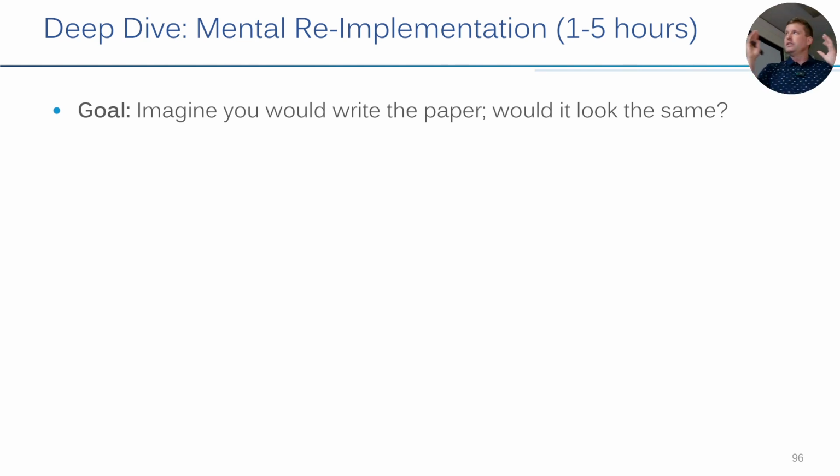You need to understand the other paper on a level that you could almost re-implement it, at least mentally. That you really understand everything they did, checked every proof, and can trace it back and say, this is correct, this is not correct, this is missing, this is still an open problem, and so on. So imagine you would need to write that other paper. You don't need to do it, but you should know enough about it that you could basically do it.